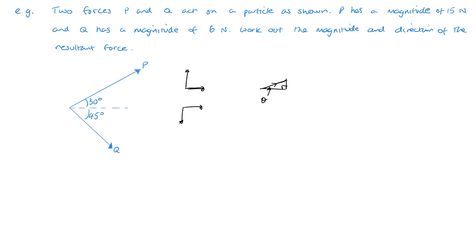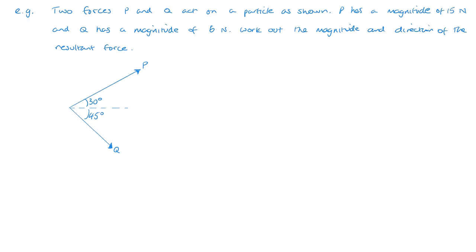But there is an easier way when we're looking at two forces, because to resolve them, we can use what's called the triangle law of vector addition. To do this, I basically add my two vectors together.